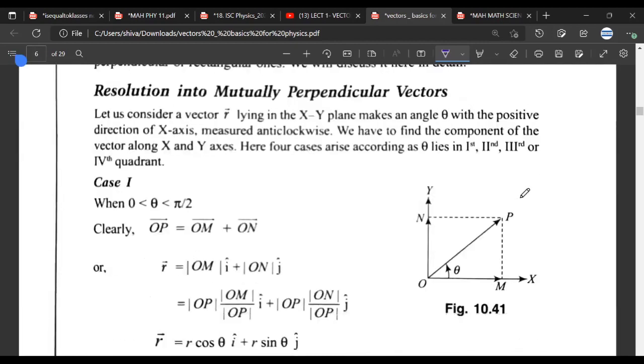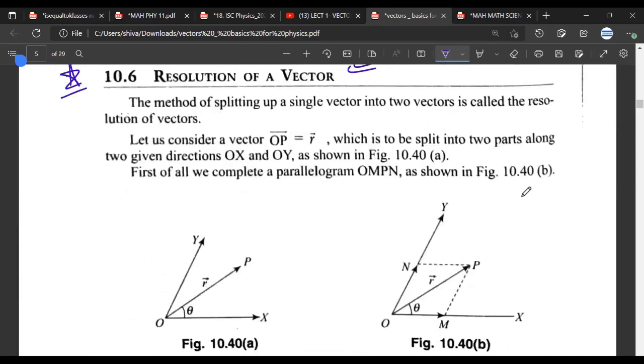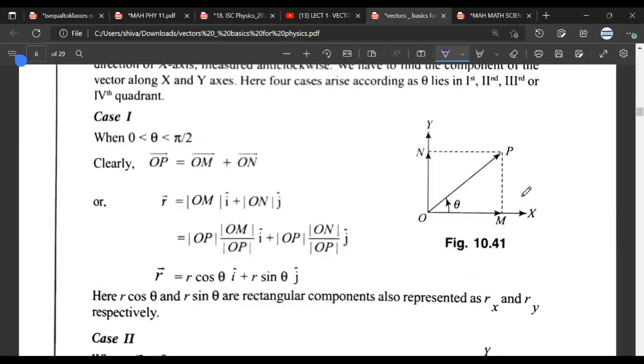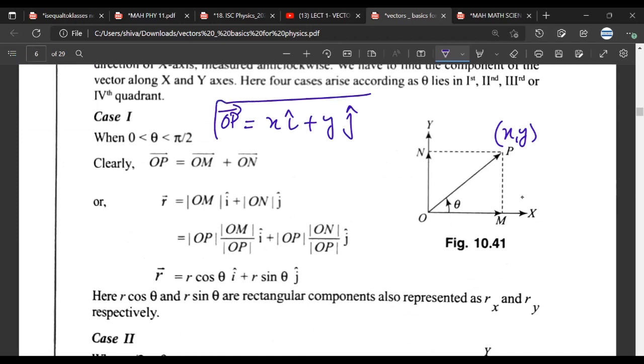So, resolution of vectors. Initially what I want to understand is that if there is a vector which is in 2 dimensions, let me assume that this is point xy and this vector OP can be written as xi plus yj. Are we clear what I have written here?